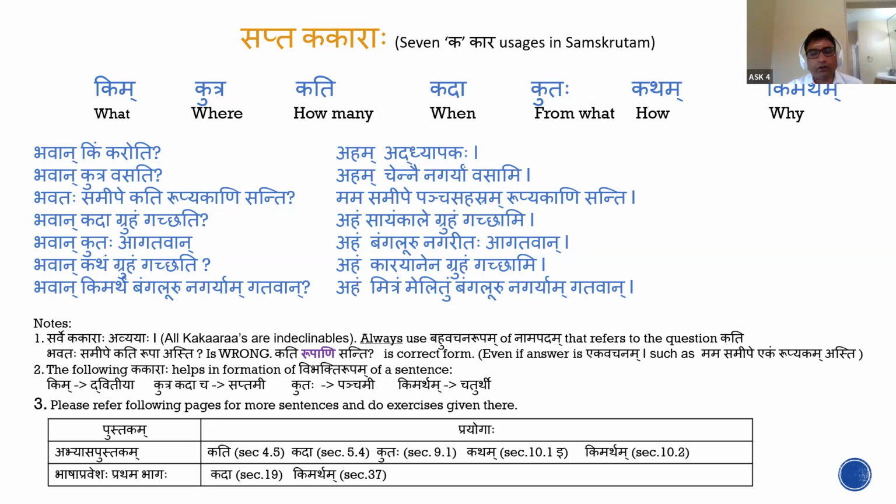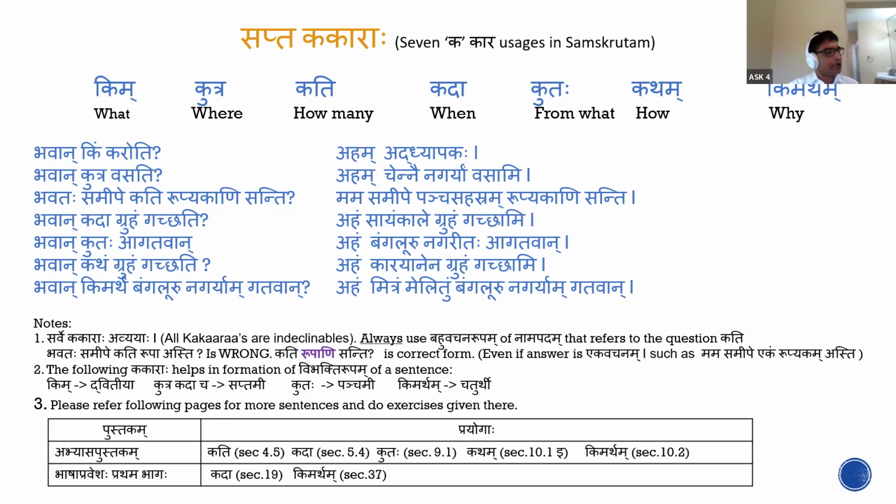Kutaha also like that. So for Kutaha, maybe you should do a little bit. Section 9.1, so that will be page 33, I think. Kutaha. Okay? Oh, where is Kutaha? That's not correct. Section 9.1 is not correct. 9.1 is Antaha Bahihi.